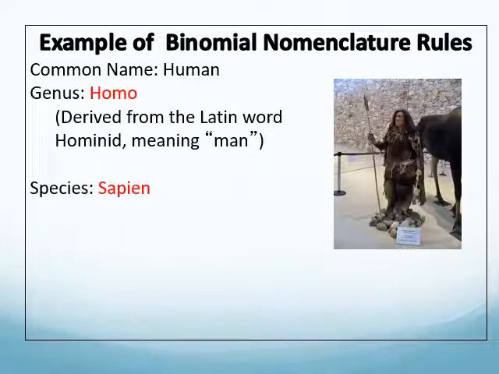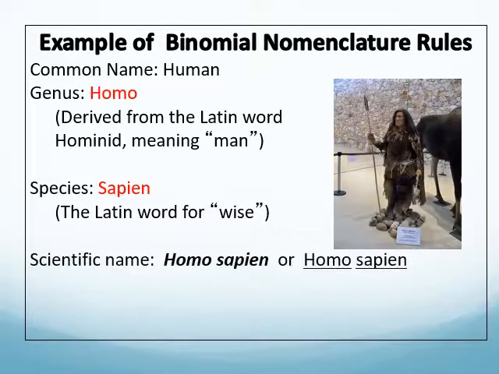The species is sapien, the Latin word for wise, so wise man is what Homo sapien means. The scientific name for a human is Homo sapien, with the second word lowercase, and you just underline both words, because we cannot write in italics if we are writing it by hand.